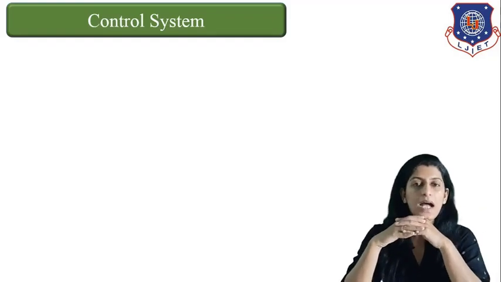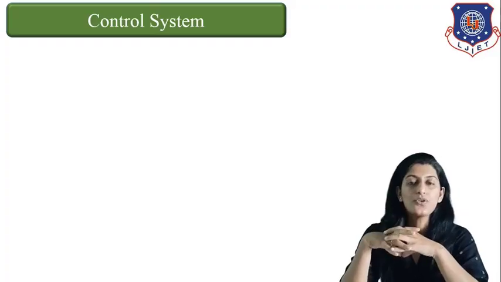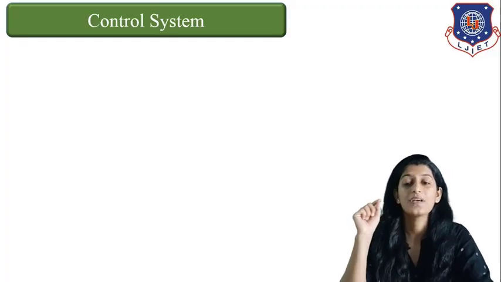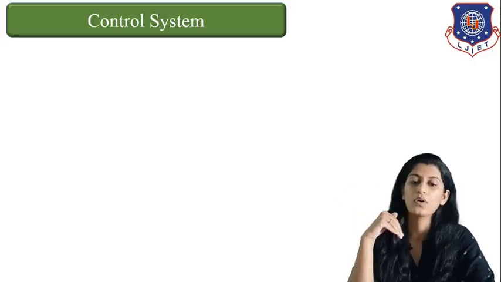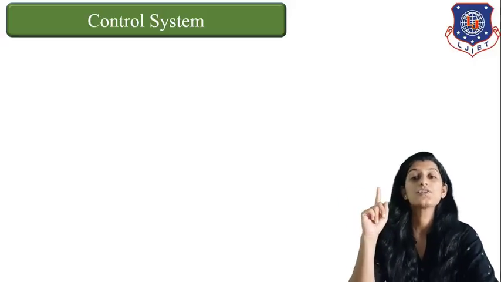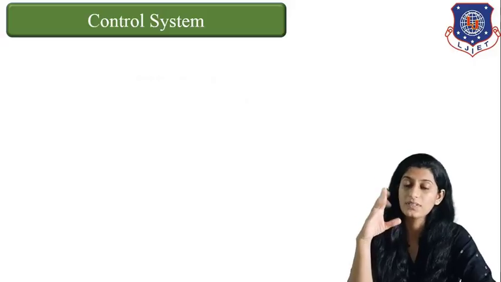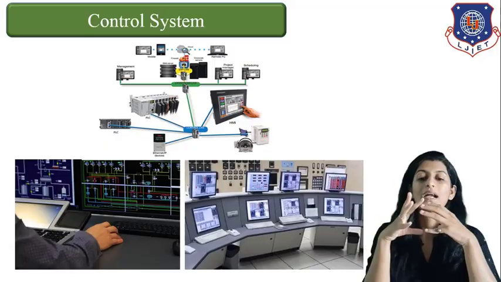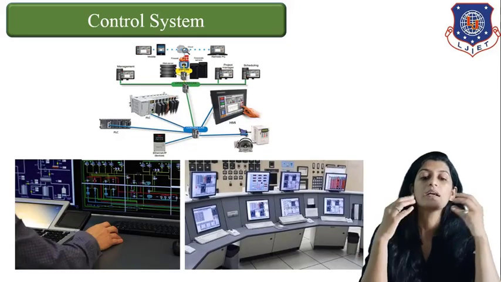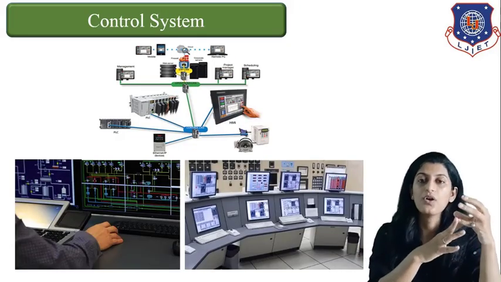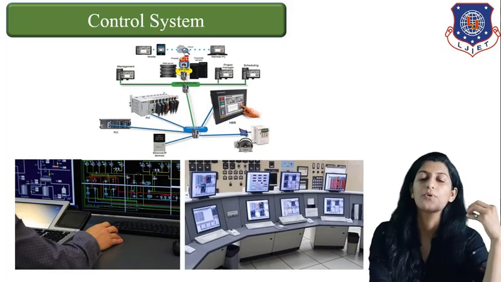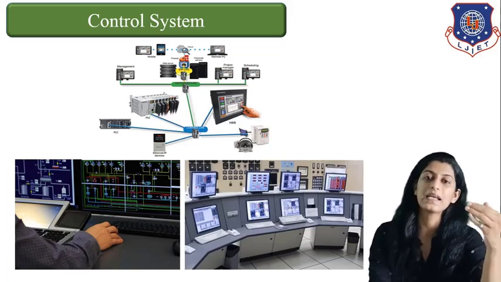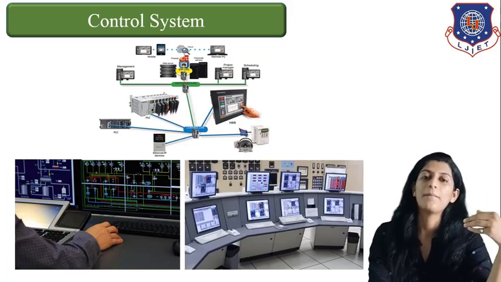We all know that we started the new topic of control system a few sessions ago. So let's recall what we have covered till now. In case of control system, we have seen how we try to control different operations or plant processes with the help of automation, sitting in a control panel.